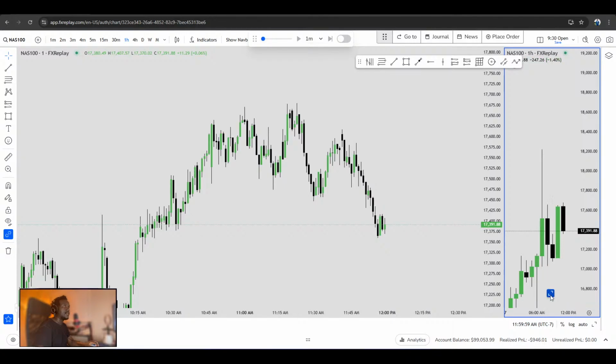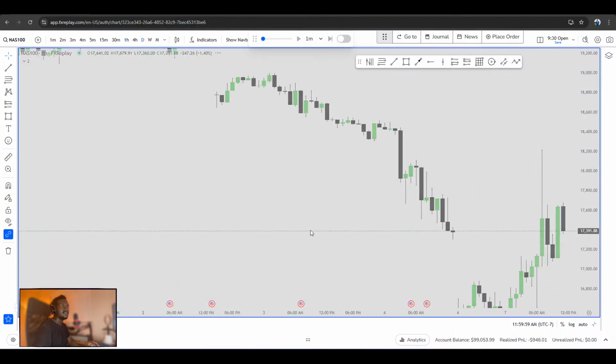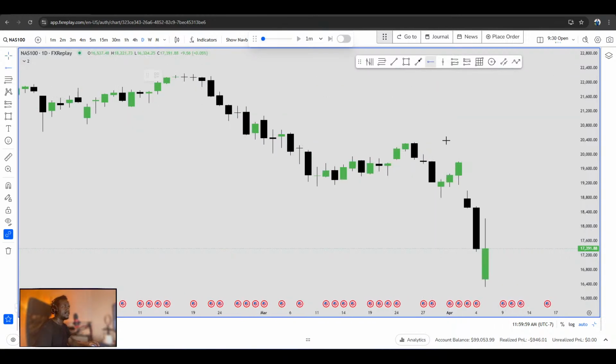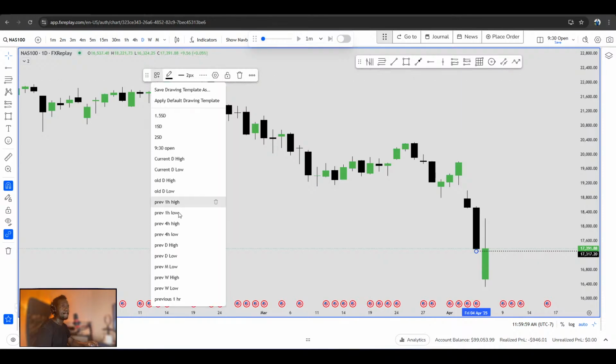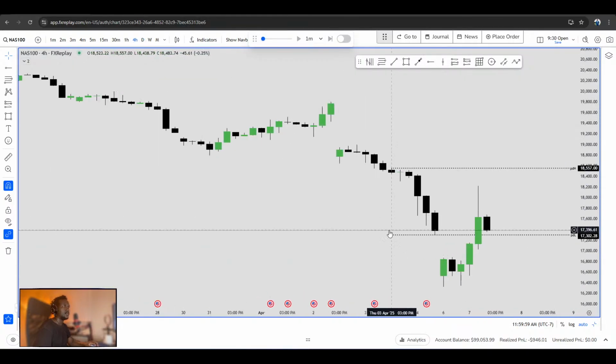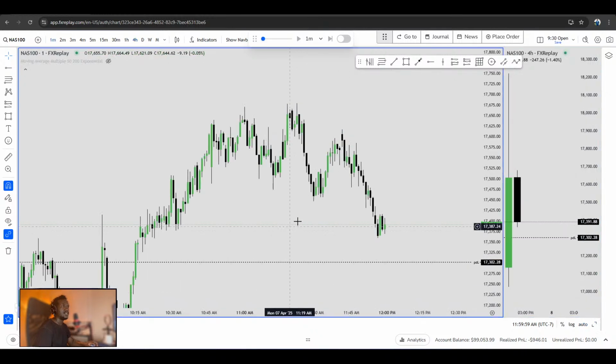Again, let's go check out the daily candle, which can give us, keeping it simple with the analysis. So that's the previous day low right there, previous day high right there, which I don't think we're gonna be getting to. And then let's go straight to the 1 hour, and I need to be on this side.